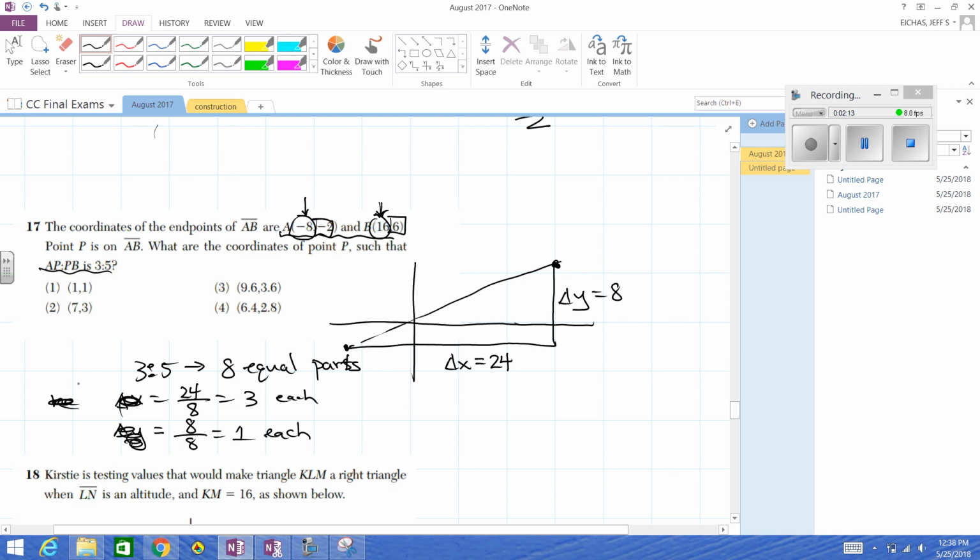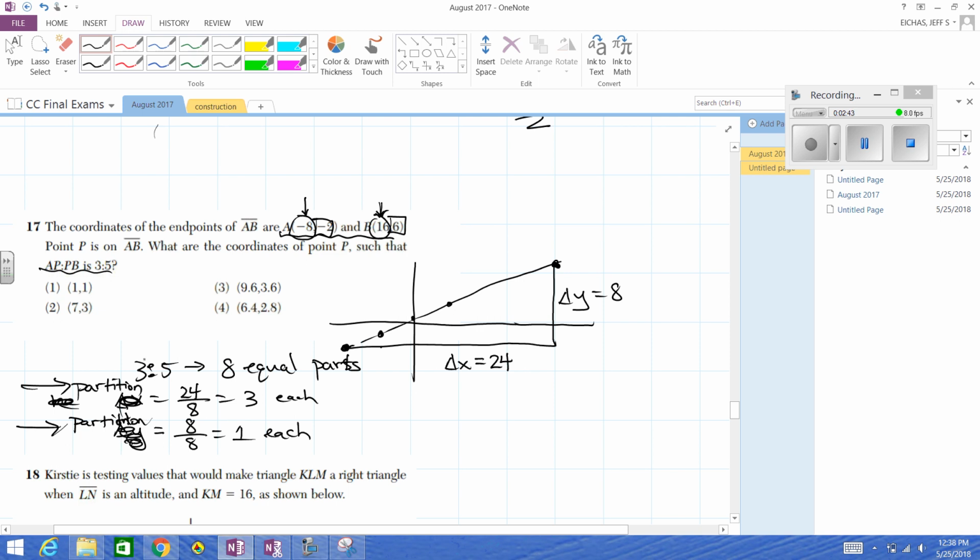So this is our x direction partition up here, and our y direction partition there. So what's going to happen is basically from this point, we're going to go over 3, up 1, over 3, up 1, over 3, up 1. We're going to continue to do this until we get 8 equal parts.